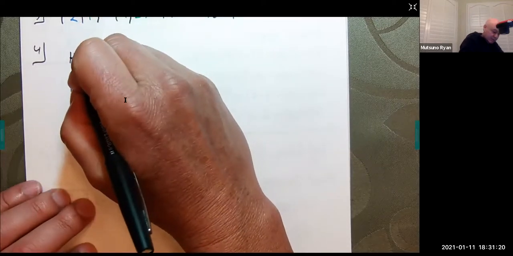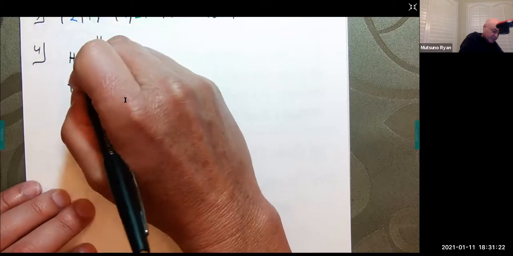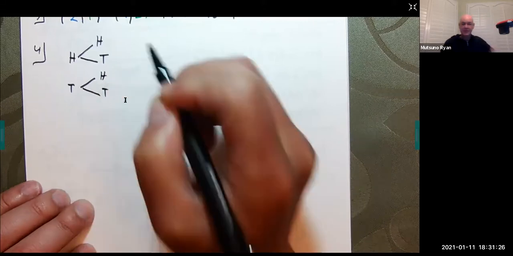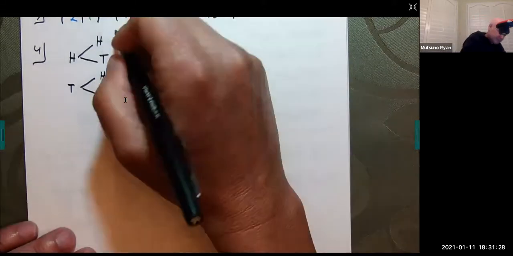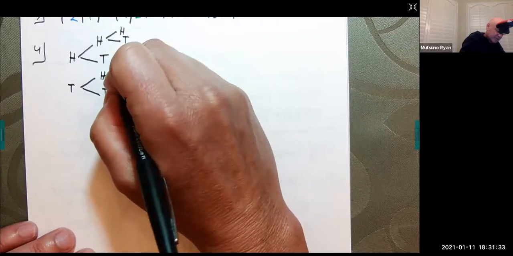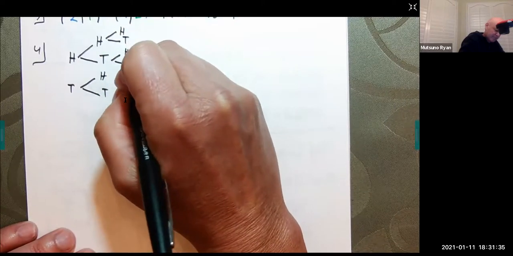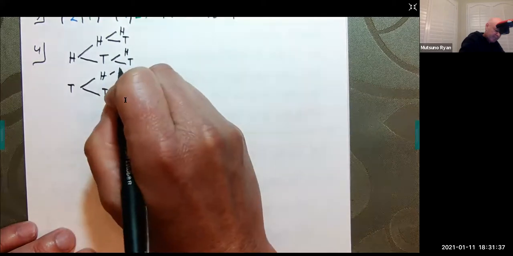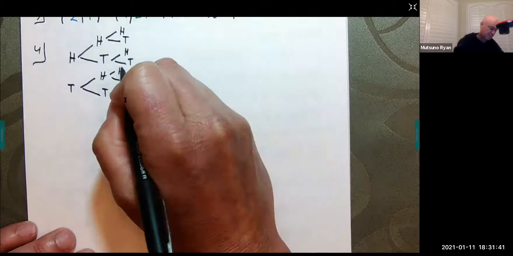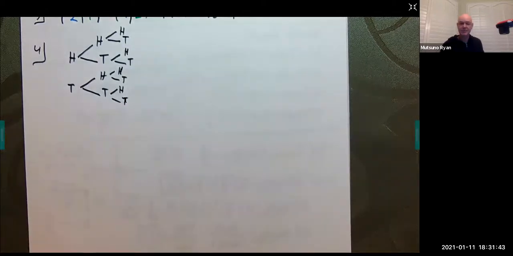My second flip could be heads or could be tails. My third flip could be heads, could be tails. So there's my sample space.